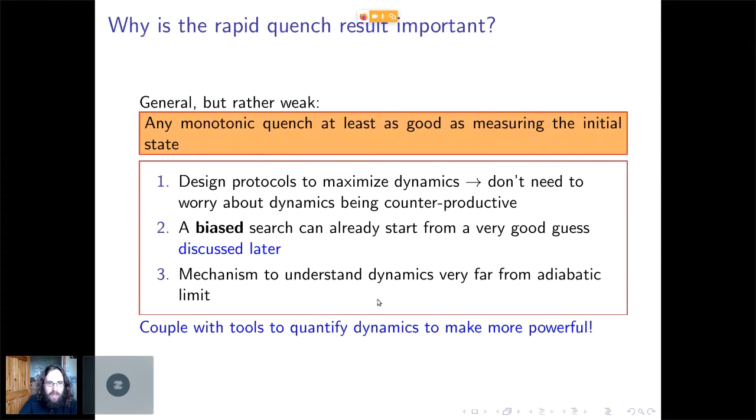And an important thing is this gives you a way of understanding dynamics very far from the adiabatic limit, and that kind of theory doesn't really exist. We have lots and lots of theory in the adiabatic limit. There's not a lot of theory, though, if you say, well, what happens if I excite a lot of excited states?